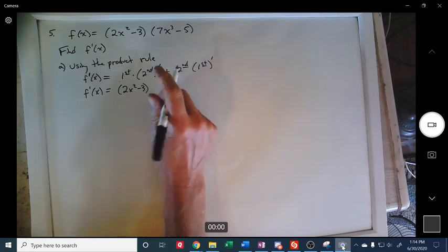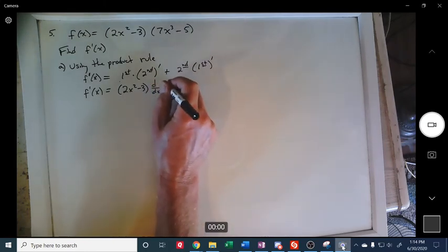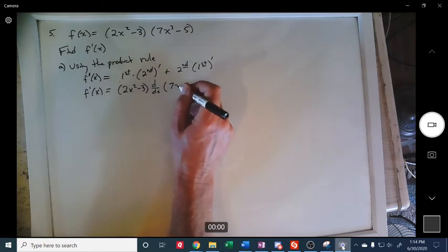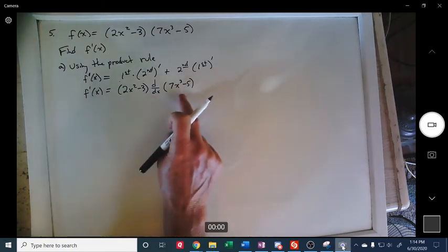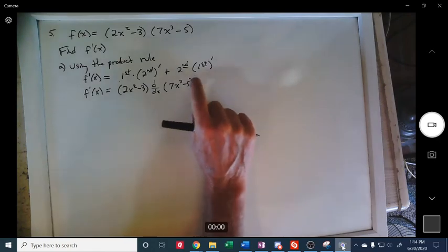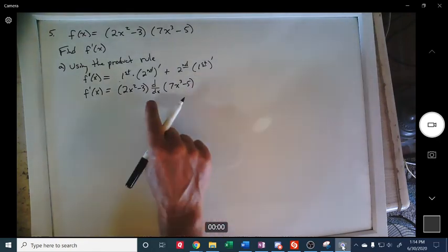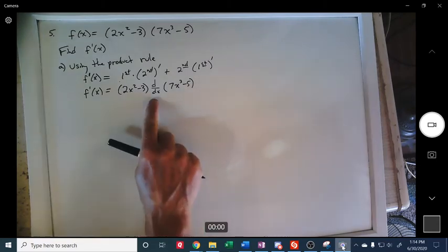But let me show you how it would look if I wasn't just taking its derivative. First times the derivative of the second. Now, notice I'm not putting a prime there. Instead, I'm doing d dx.